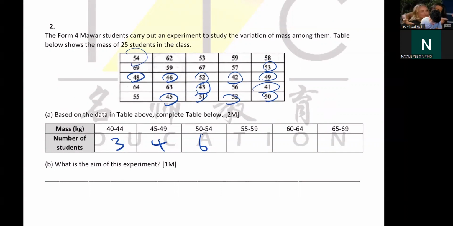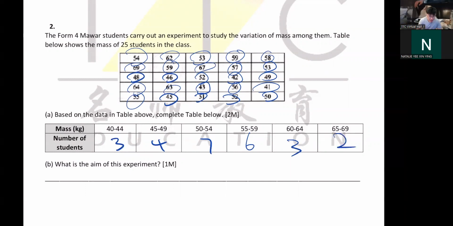So 55 to 59, you have 1, 2, 3, 4, 5, 6. There's one more for 55 here, so this is actually 7. So 60 to 64, you have 3, and then 65 to 69, you have 2.